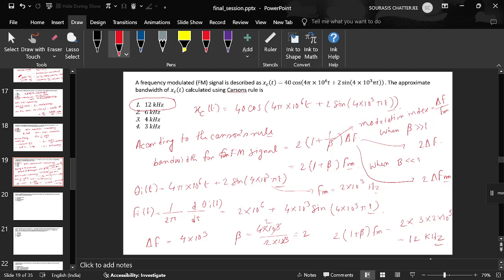But in the actual question, a situation might arise when your modulation index is much greater than 1 or much less than 1. Then the approximate bandwidth for modulation index much greater than 1 is twice the maximum frequency deviation, and for modulation index much less than 1, the bandwidth is nothing but twice the maximum frequency content of the message signal.